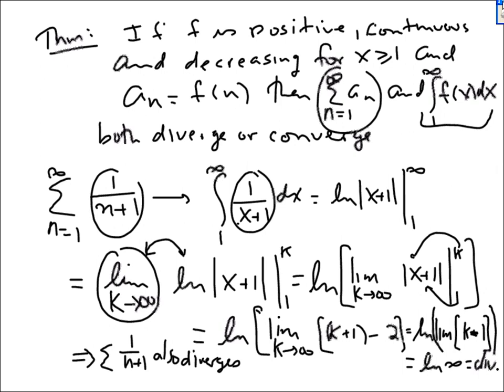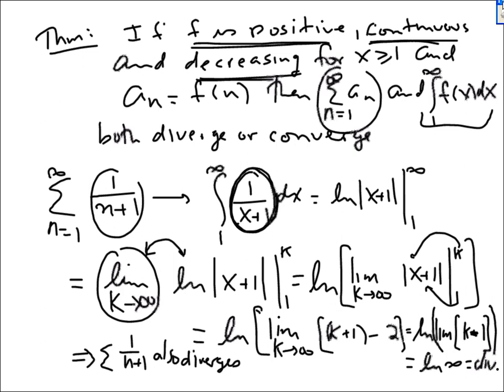Okay, but I did do one thing that was a bit sloppy. I never talked about f of x being positive, continuous, and decreasing. What I did is all correct, but possibly I was lucky. Maybe my f of x did not live up to the criteria of using this theorem. You can only use this theorem if the function is positive, continuous, and decreasing.